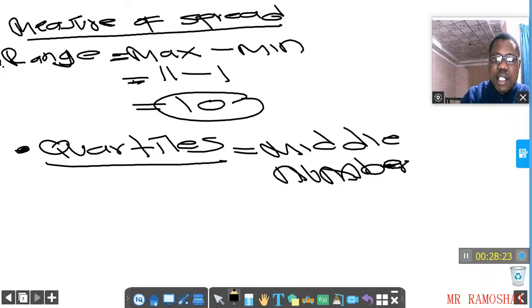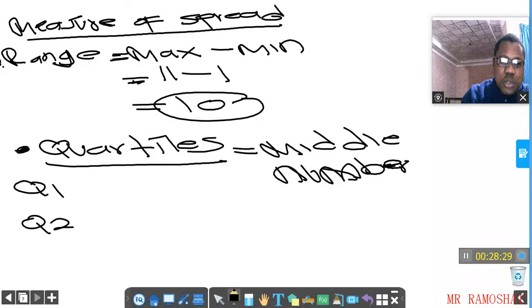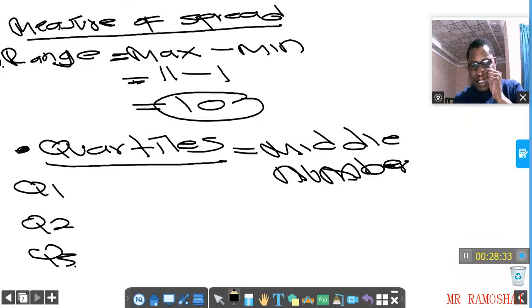So the quartiles that we talk about here, we talk about quartile 1, quartile 2, quartile 3. Right. In most cases, when we approach a question, we start at the bottom going to the top, or we start at the top going to the bottom.